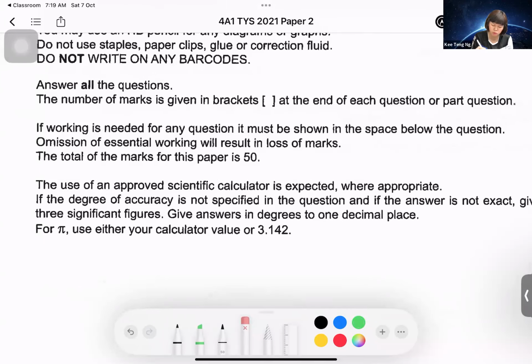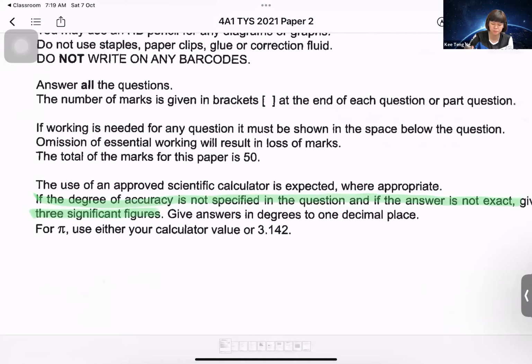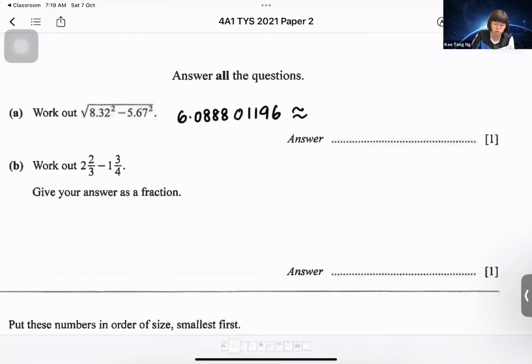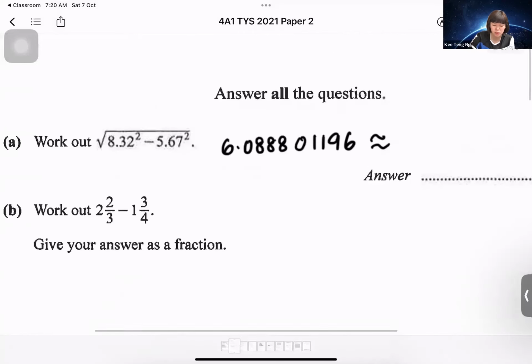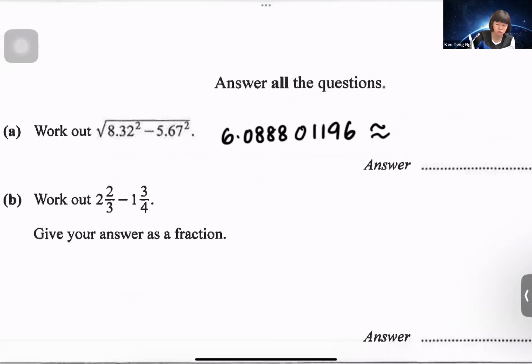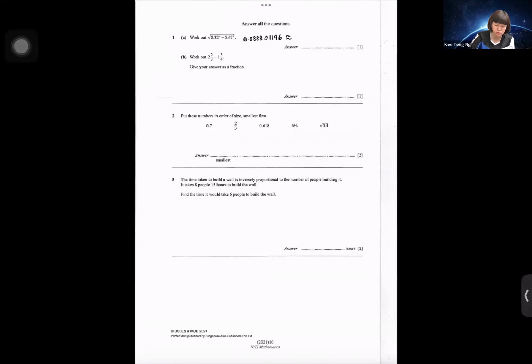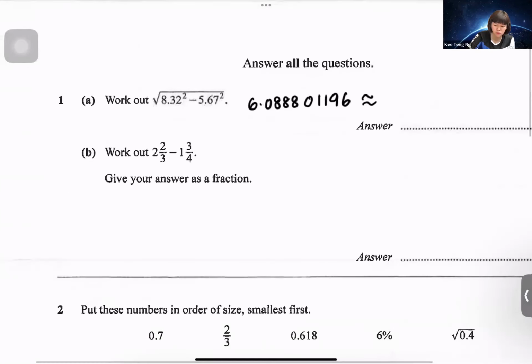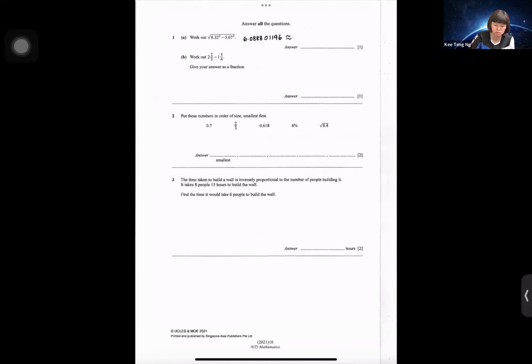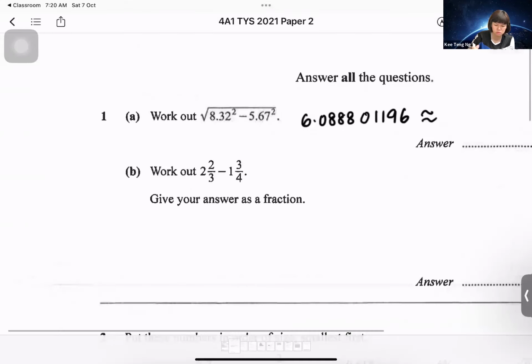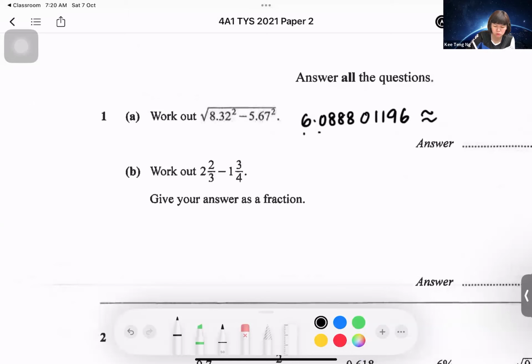If the degree of accuracy is not specified in the question paper, then give your answer to 3 significant figures. So we can round this off to 3 significant figures. 3 significant figures start from the first non-zero number: 1, 2, 3.